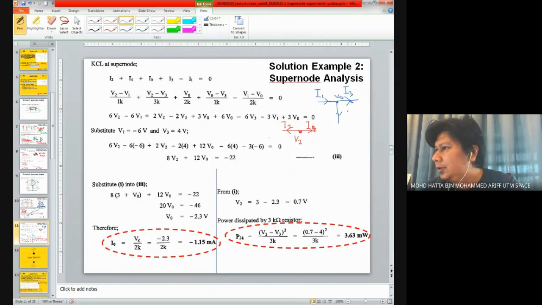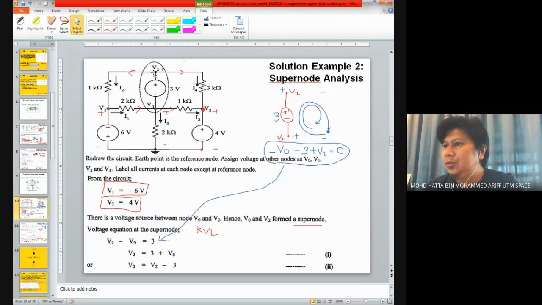This is the original IO that we try to find. Okay, go back to the question. At V2, I have I2 here and I4 over here. That's why I draw this straight line, and we have two currents flowing out from V2.